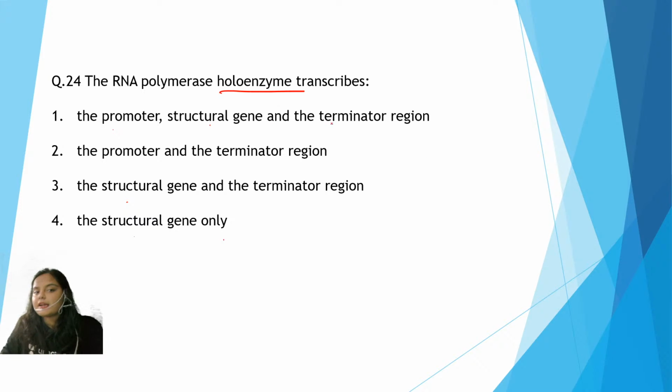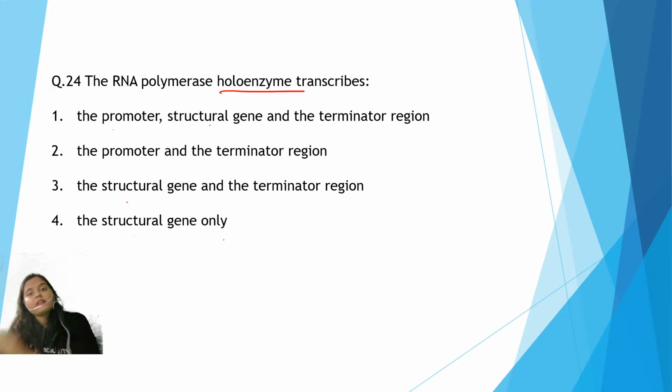Remember, this RNA polymerase, with the help of the sigma factor, identifies the promoter region. And when it binds to the promoter region, it just initiates the process of transcription. But it does not transcribe the information which was present in the promoter region. Binding to the promoter gives it a hint that yes, the structural gene is present near about it. Then it moves towards the structural gene. There the process of transcription takes place, right?